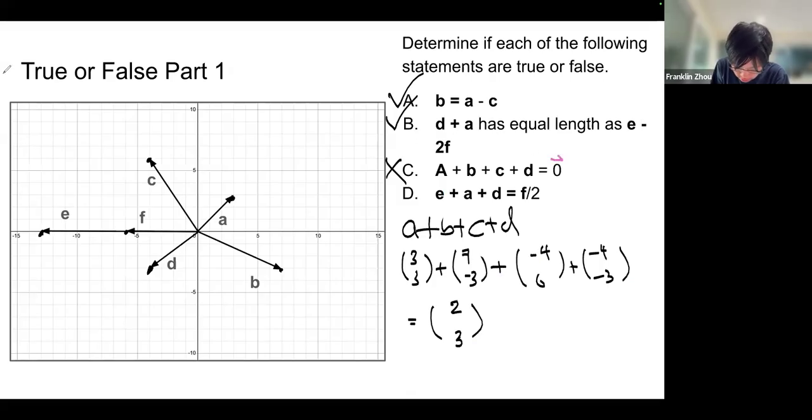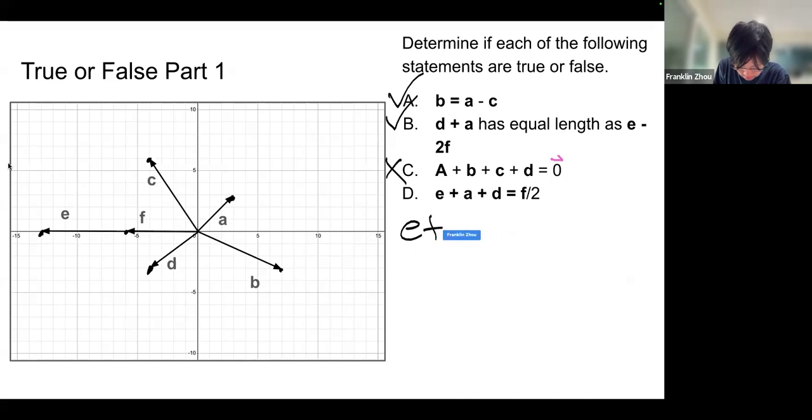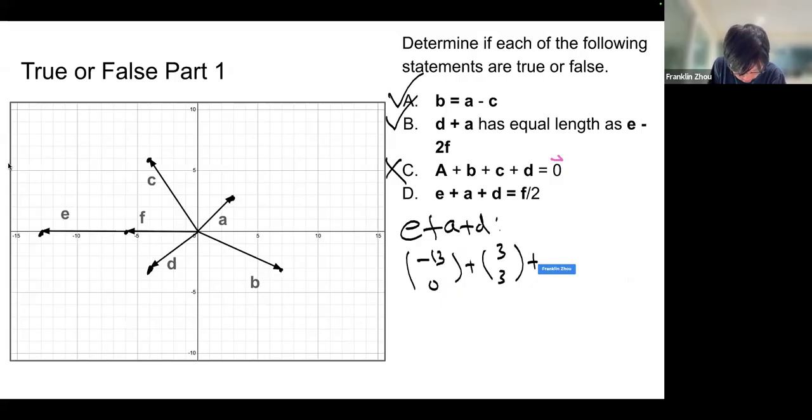And the last one, E plus A plus D, which is simply equal to 0 and minus 14.